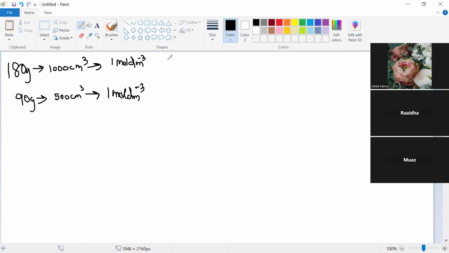I am going to take 180 grams, but I'm going to dissolve it in only 500 cubic centimeter. Now, what do you think will happen to the concentration, Puta?